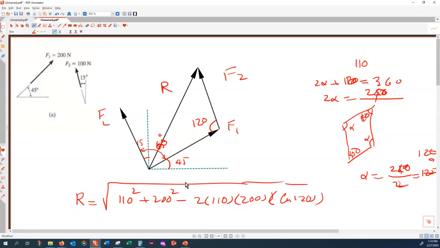Okay, so that gives you the magnitude and the direction of the R. How do I find the direction of R? All right, questions?